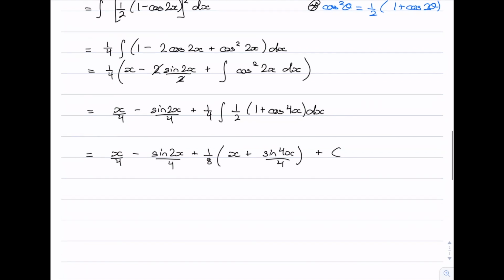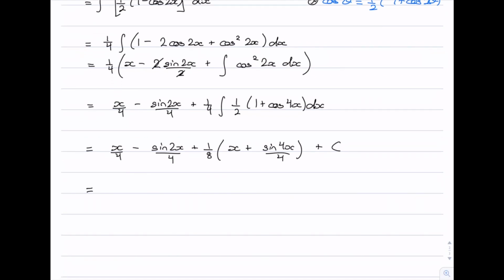And if I really wanted to, I probably should, I have x on 4 plus 1 on 8x. That's going to be 3x on 8 minus sine 2x on 4 plus sine 4x on 32 plus c. And that is our final answer.